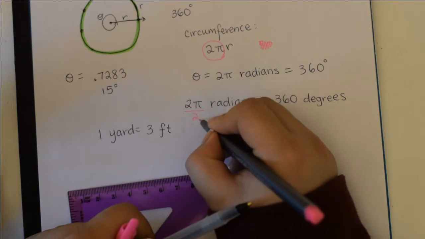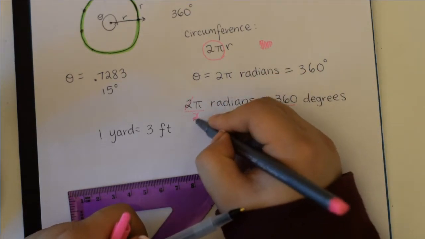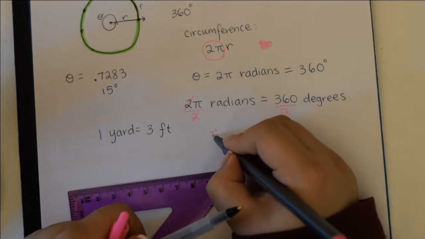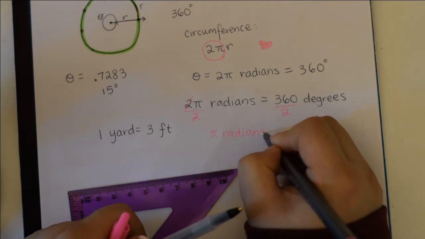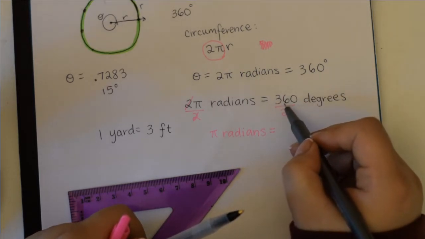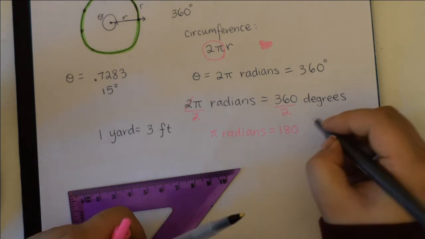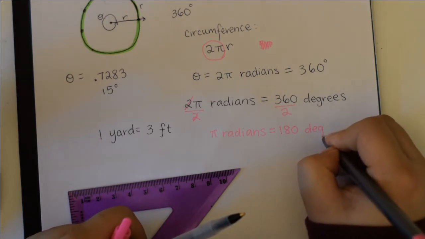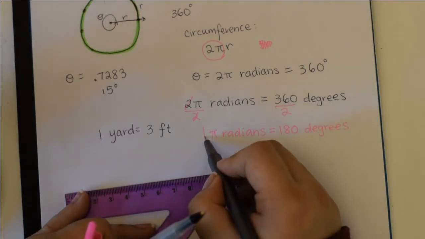The 2's cancel, and I get that pi radians equals, and then 360 divided by 2 is 180 degrees. And that's the conversion that we're going to use.